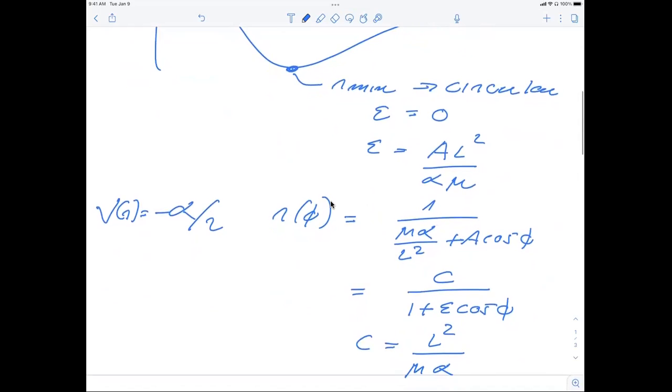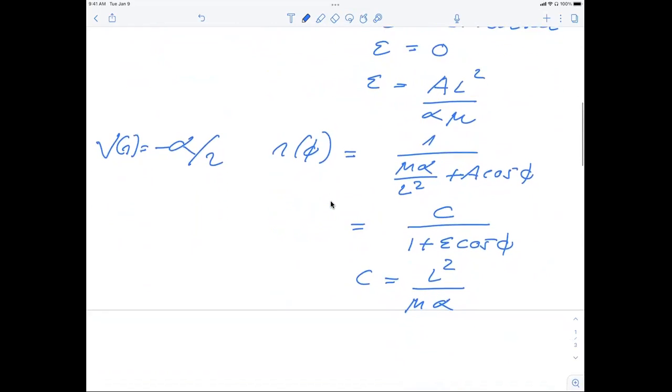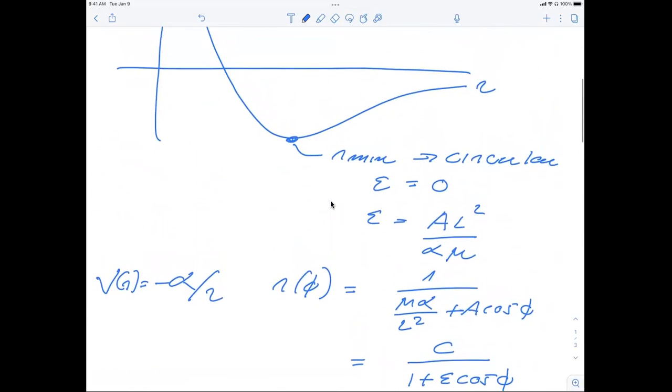And then with this solution here, we could go back and define a new R min. One of the things we discussed is that in this position, the derivative of R with respect to t, which is the radial velocity, is equal to 0. So at this R min, we have only the angular velocity.